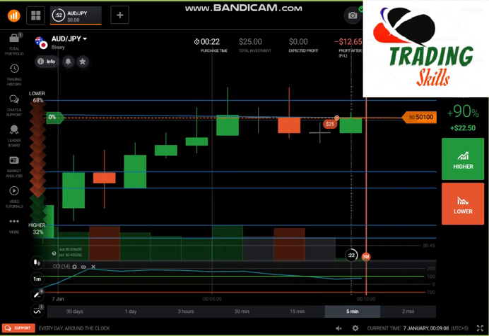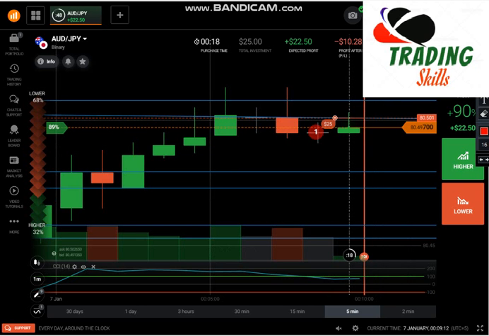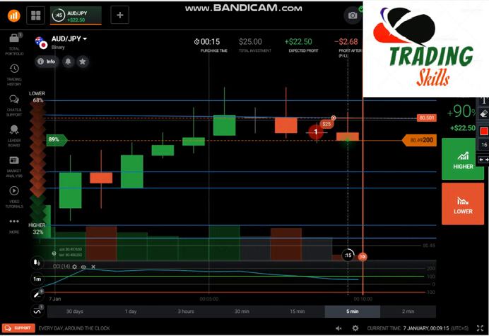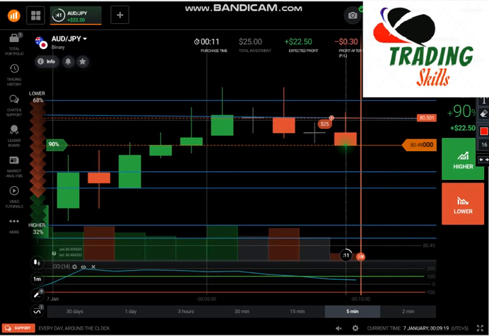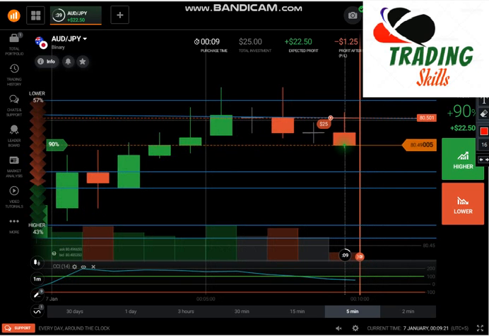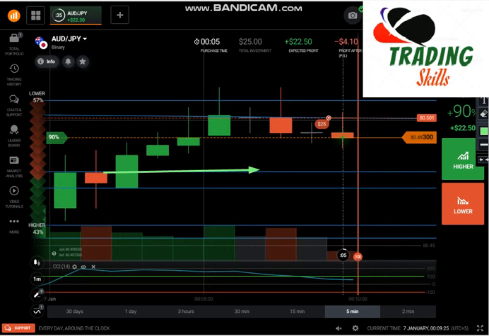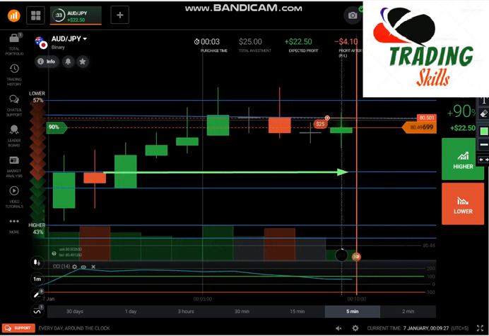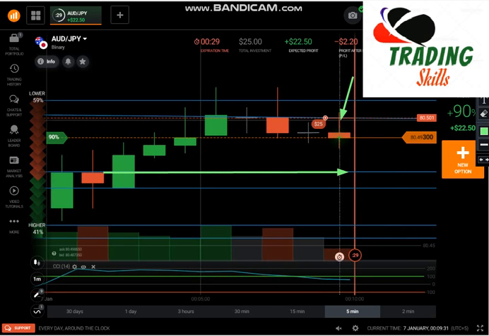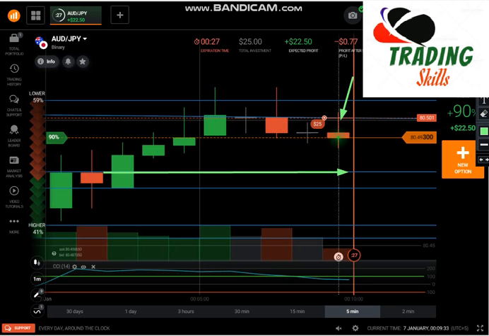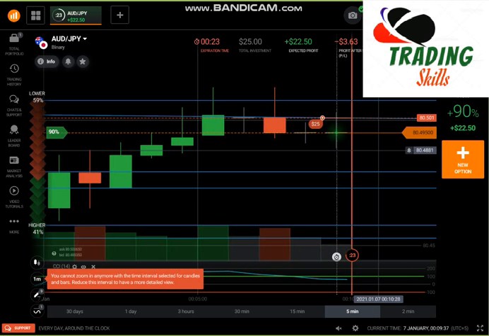Because this candle is showing us that the market will go down, and the next expected area is here, from where the market can reverse. My entry point is very good, so I will win this trade. Let's see what happens.